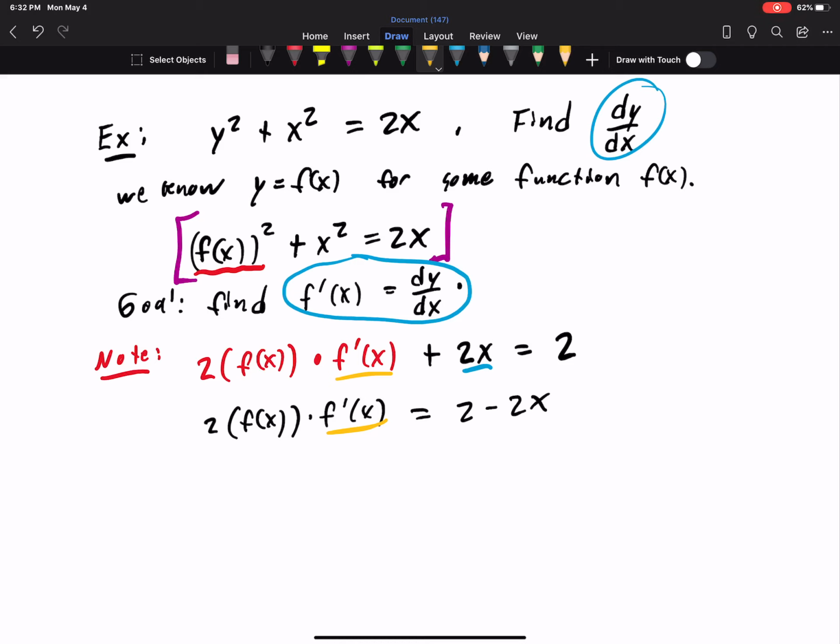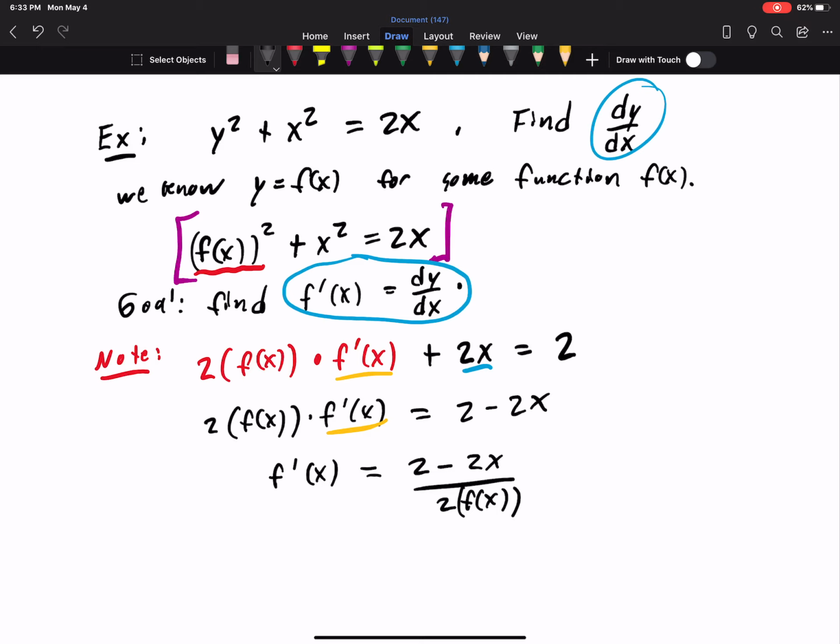So the next step is simply to divide by the stuff that's in front of this f prime. This gives me f prime of x is equal to 2 minus 2x all over 2 times f of x. All I did was divide both sides by 2 f of x. And that's the answer.